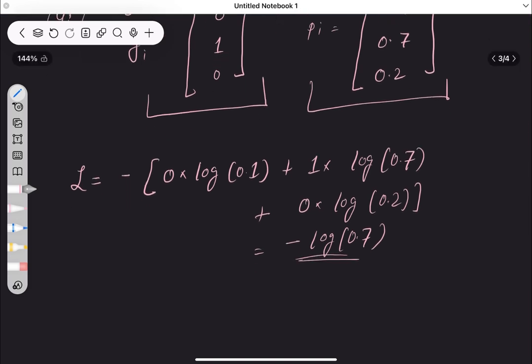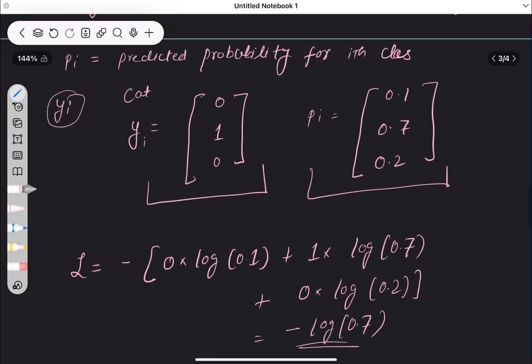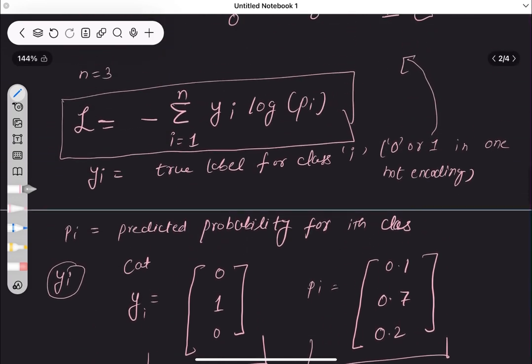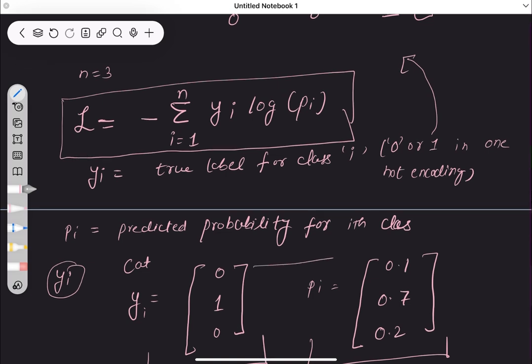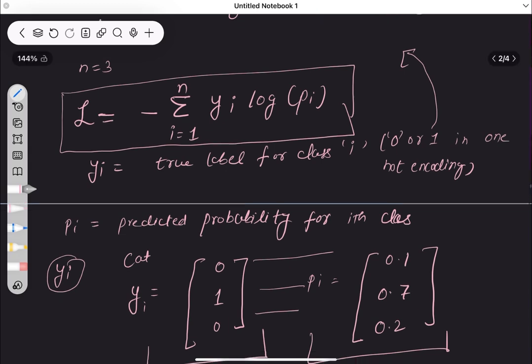So we can see the repercussion of this particular formula is that if the model predicted probabilities are closer to this particular value, then the loss would be much smaller.